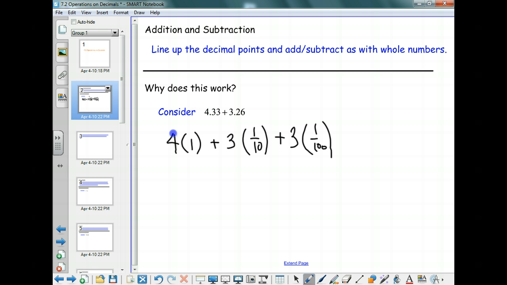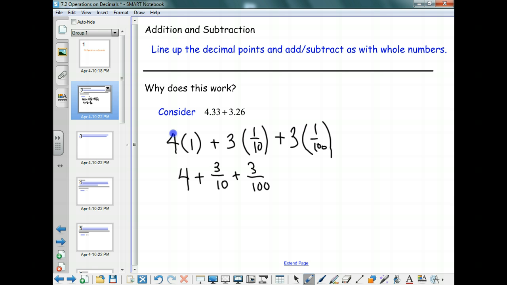Take that and we're going to shorthand it a little bit. This is 4, it's 3/10, and it's 3/100, right? Literally this is $4 bills, 3 dimes and 3 pennies. You can physically see that happening.